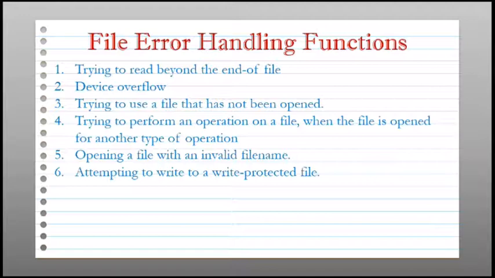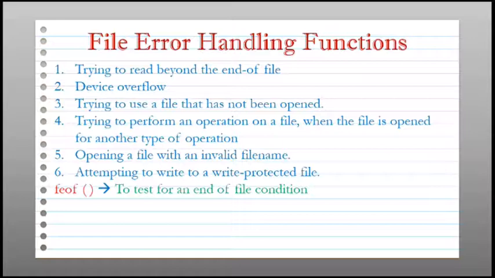handled by 2 functions. The first one is the feof function, that is the end of file function. This function is used to test for an end of file condition. Suppose we try to access a file that has only 20 characters, and we are trying to access more than that.